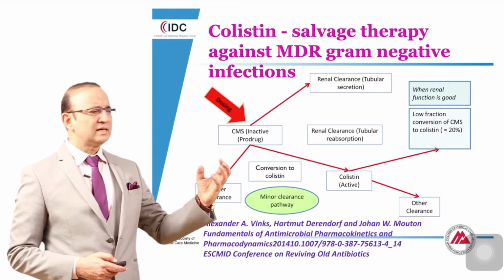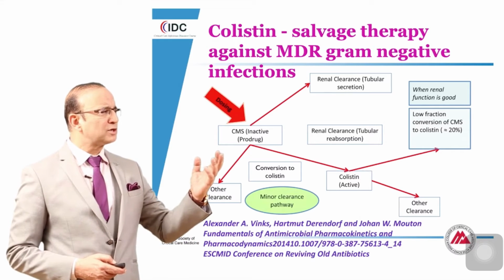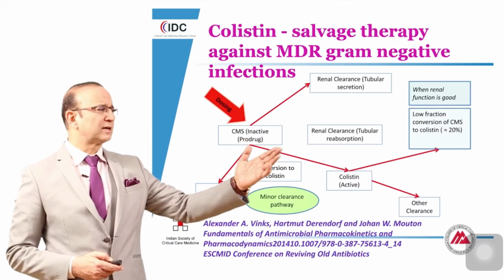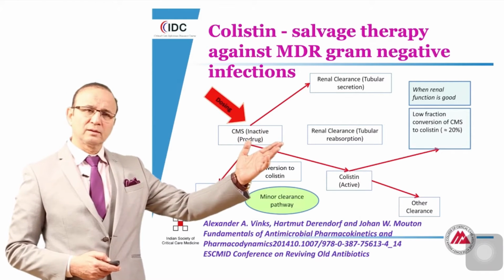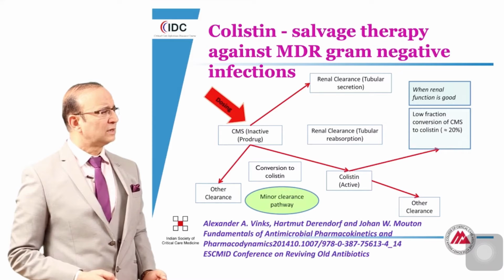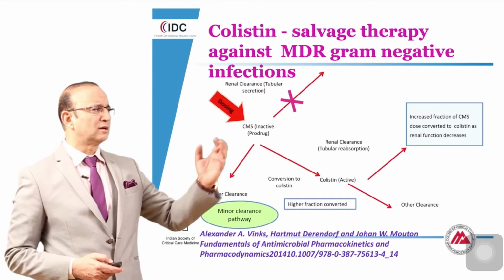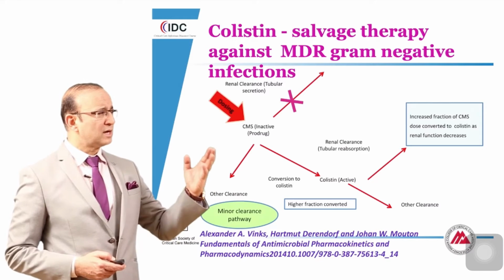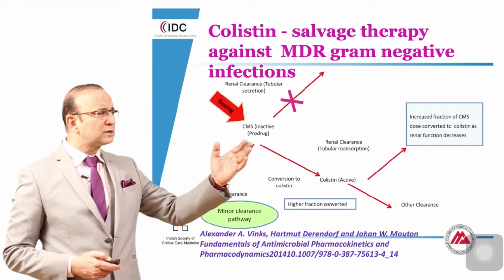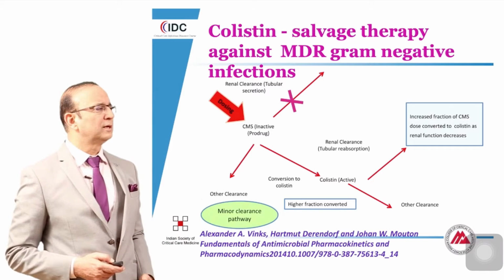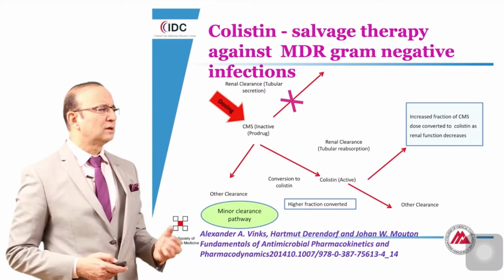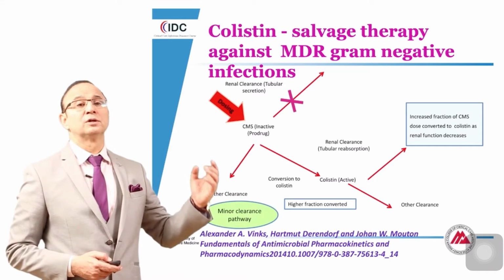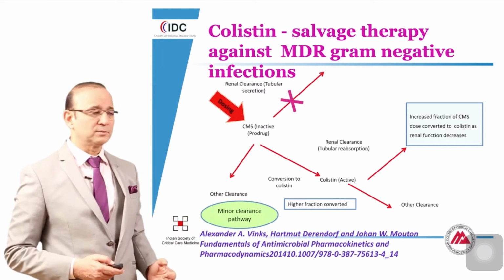Very little is converted, about 20% is converted into colistin, which is active and effective against the bacteria. Now, let's see a patient who has renal failure. What will happen is the other clearance comes into the picture and most of the drug will be converted into colistin, and there will be an increased fraction of colistin available. So one has to modify the dose of this drug in a patient who has renal function derangement.